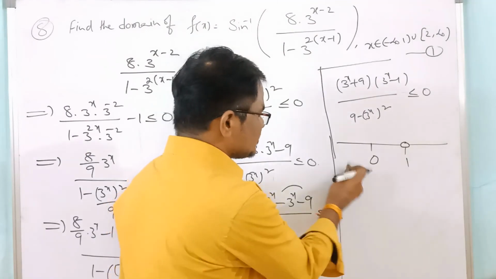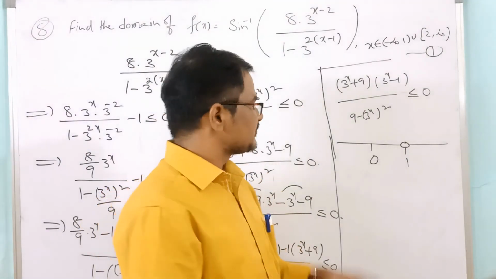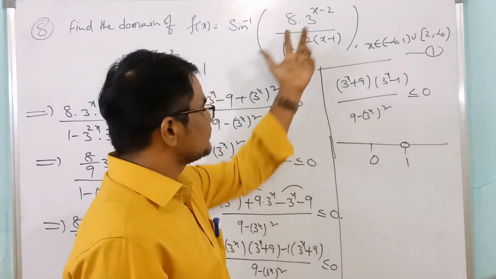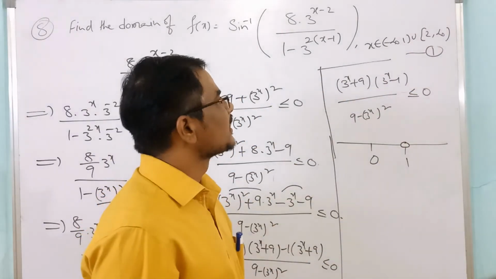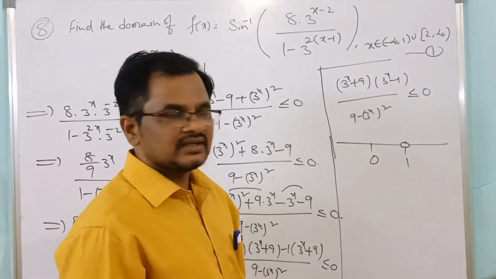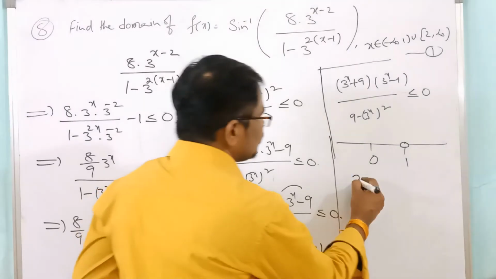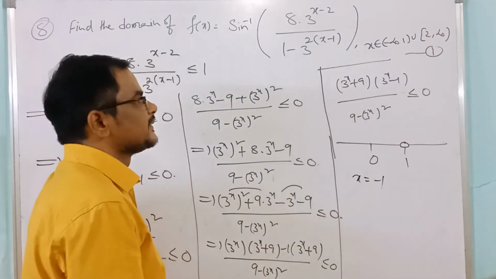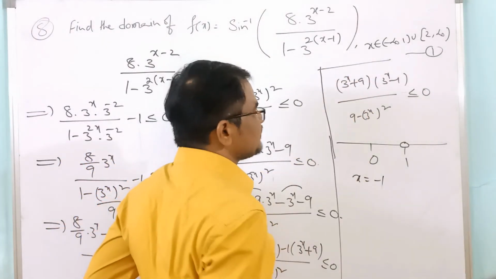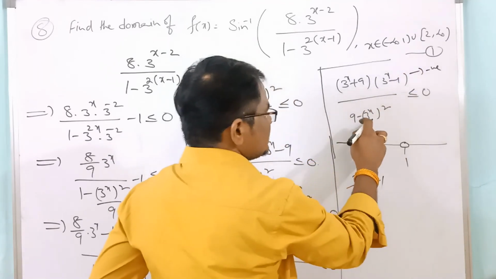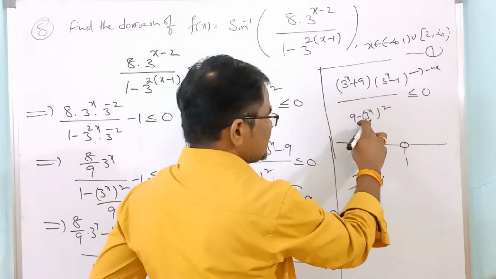Now, less than 0, any one value, substituting this one by the sign scheme method, we have to find the domain of this function. So how to take that? Less than 0 means x equal to minus 1, you substitute. 3 power minus 1 is positive.